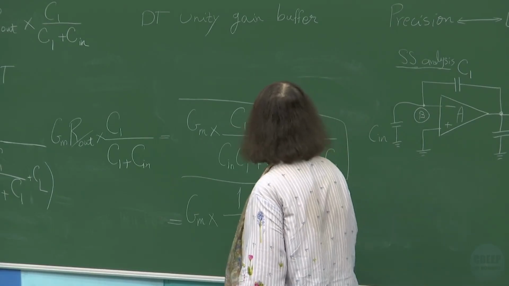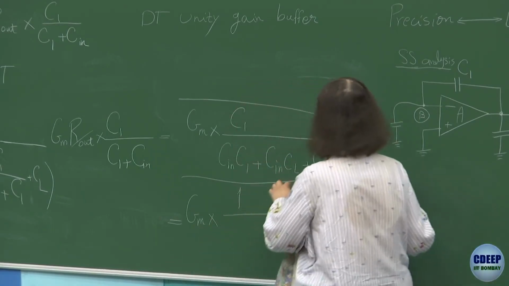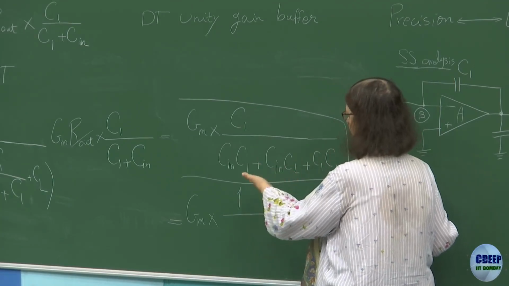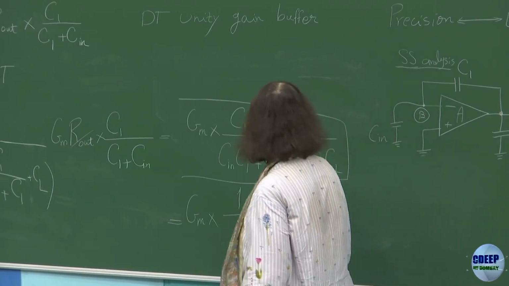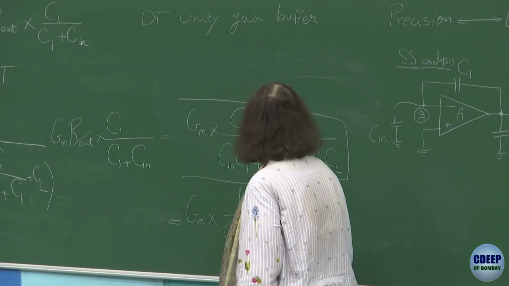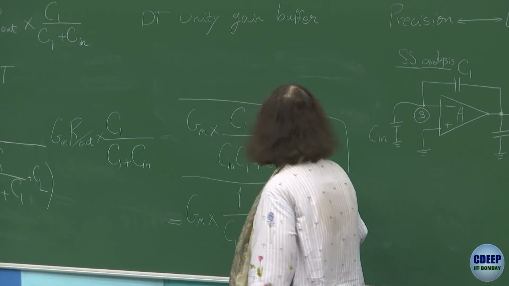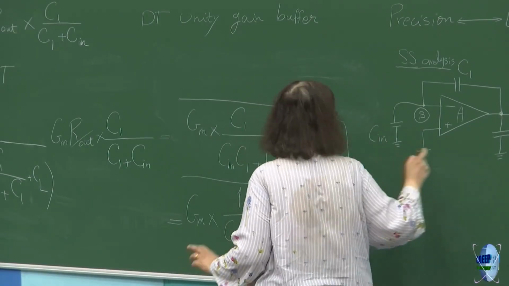So eventually, you can write it in two ways. You can write Cl multiplied by a factor, or you can write Cin multiplied by a factor. Both are fine. For example, if I write it in the form of Cl multiplied by a factor, it becomes Cl, because Cl is something that will anyway be there, though Cin also will be there.